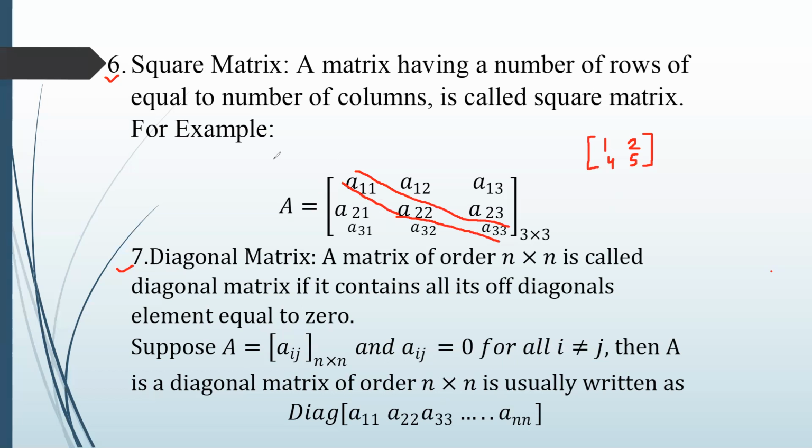So if we find the diagonal of this matrix, then this will be diag of A11, A22, A33. Okay, so is that clear how we can find the diagonal of a matrix?